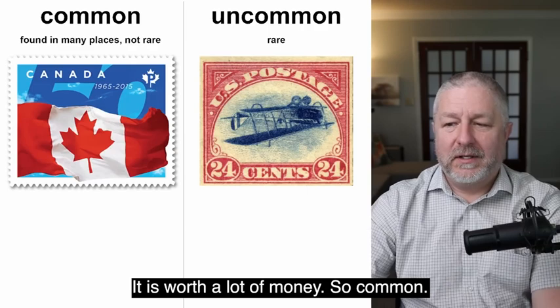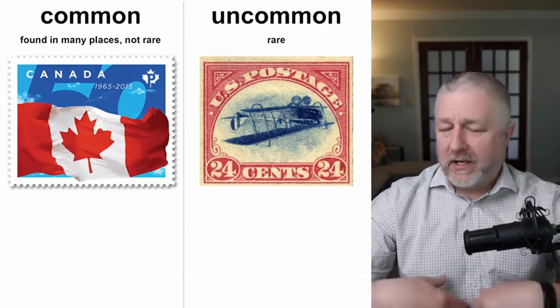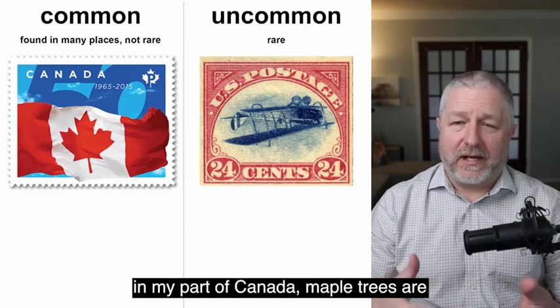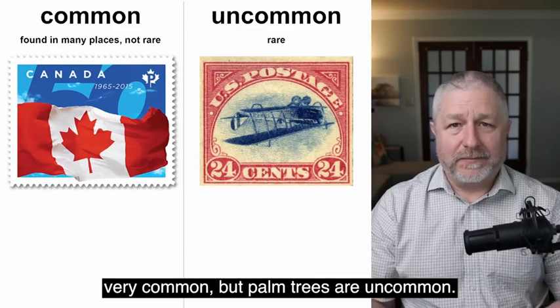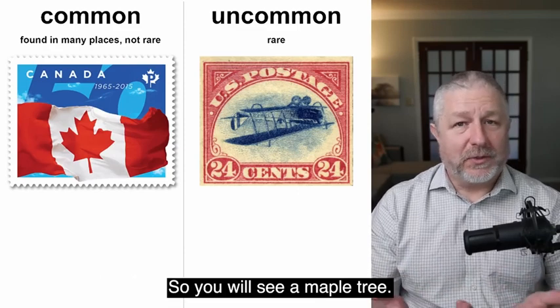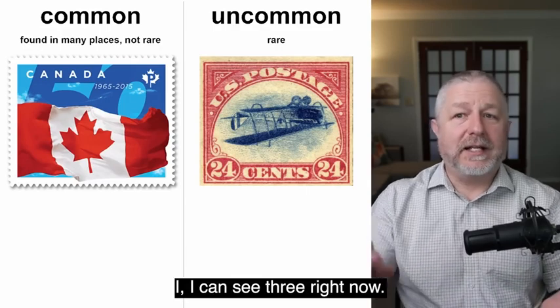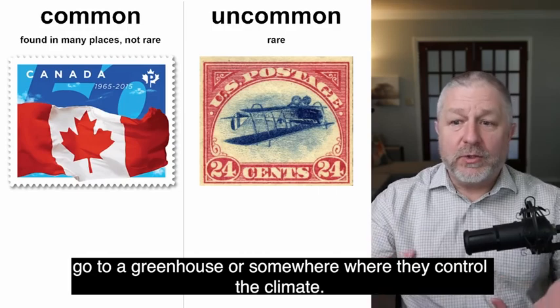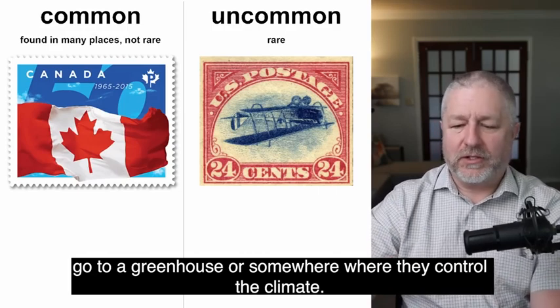It is worth a lot of money. So common, something you see everywhere. In Canada, at least in my part of Canada, maple trees are very common, but palm trees are uncommon. So you will see a maple tree. I can see 3 right now, but if I want to see a palm tree, I have to go to a greenhouse or somewhere where they control the climate.